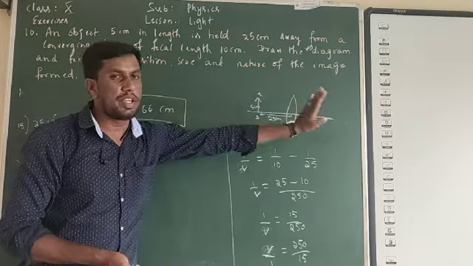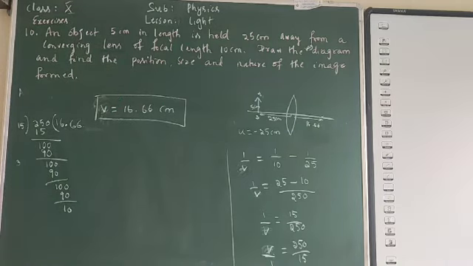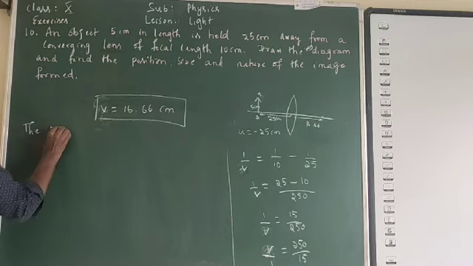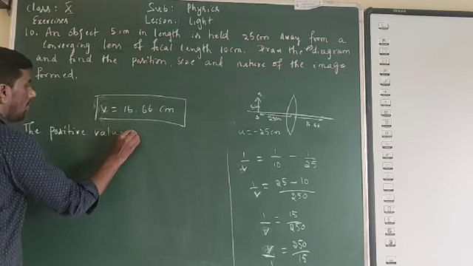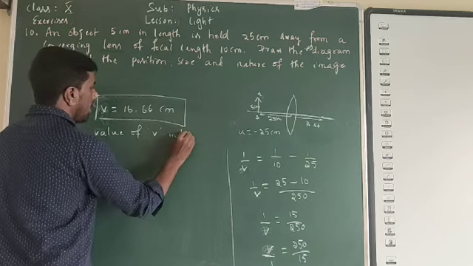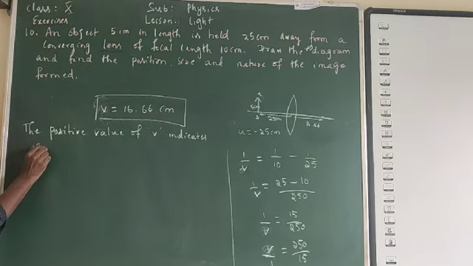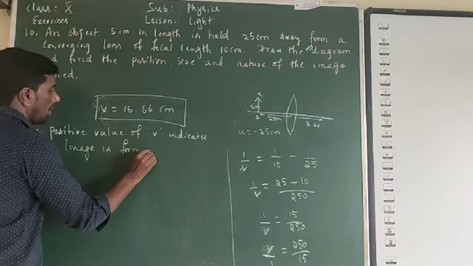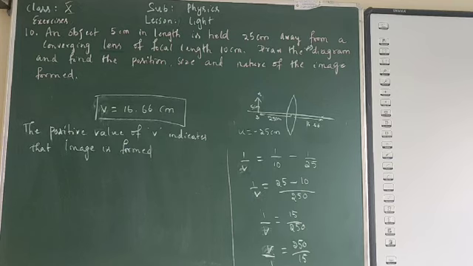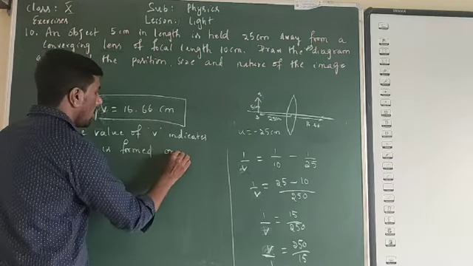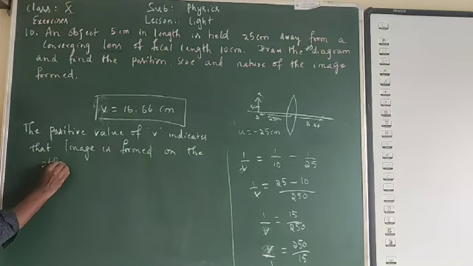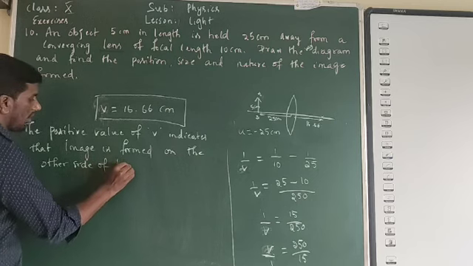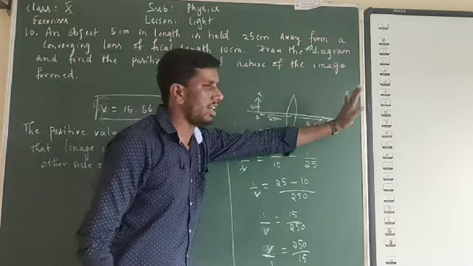From the conclusion, the positive value of V indicates that the image is formed on the other side of the lens.